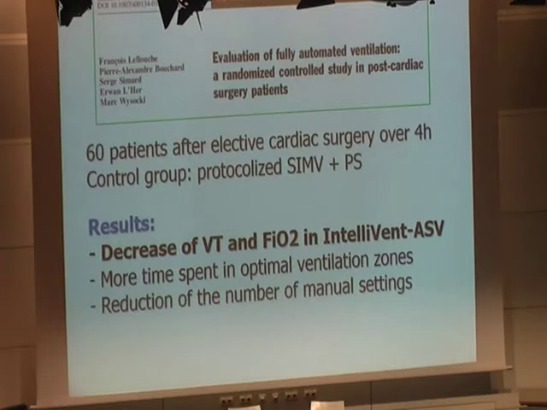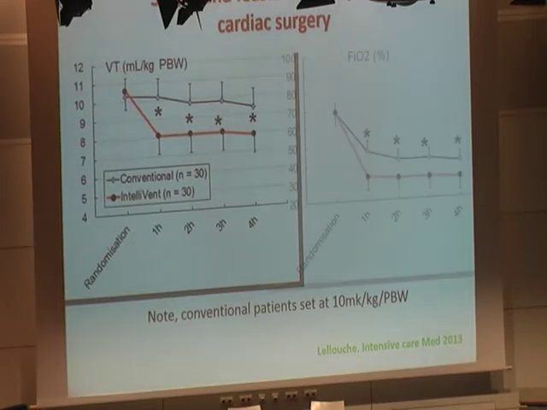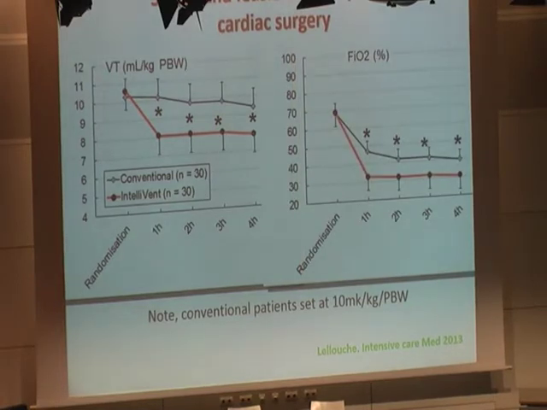The other used the ASV mode after cardiac surgery, just in the postoperative period. In this slide you see, in comparison to the standard mechanical ventilation mode, IntelliVent showed a rapid significant decrease in tidal volume, and here you see a significant decrease in FiO2 in comparison to the user, mainly the physician or the nurse.